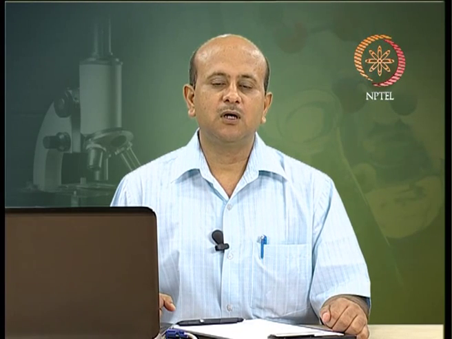Transmittance could also be taken, which is the ratio of the radiant power transmitted by the sample to the radiant power incident on the sample, as we have seen in Beer's law in UV visible spectroscopy. So here also the same principles apply.